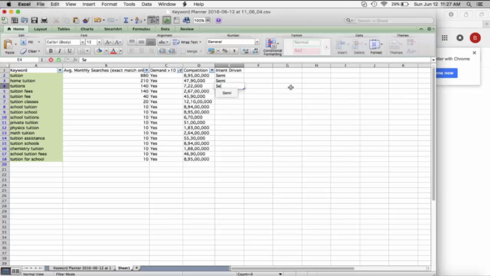Tuitions is also semi intent driven, because they're not mentioning which tuition they're looking at. Tuition classes and all, these are semi intent. Now school tuition, yeah, I could say this is intent driven, or I could just say yes here. Then tuition school, yes. School tuitions, yes. And private tuition, semi intent. Guys, you could stop me just in case you have any queries here.